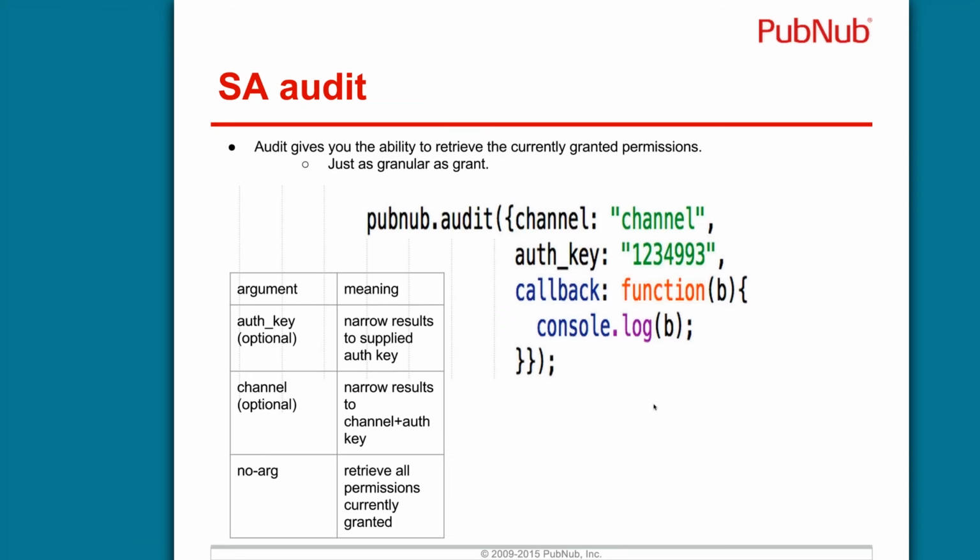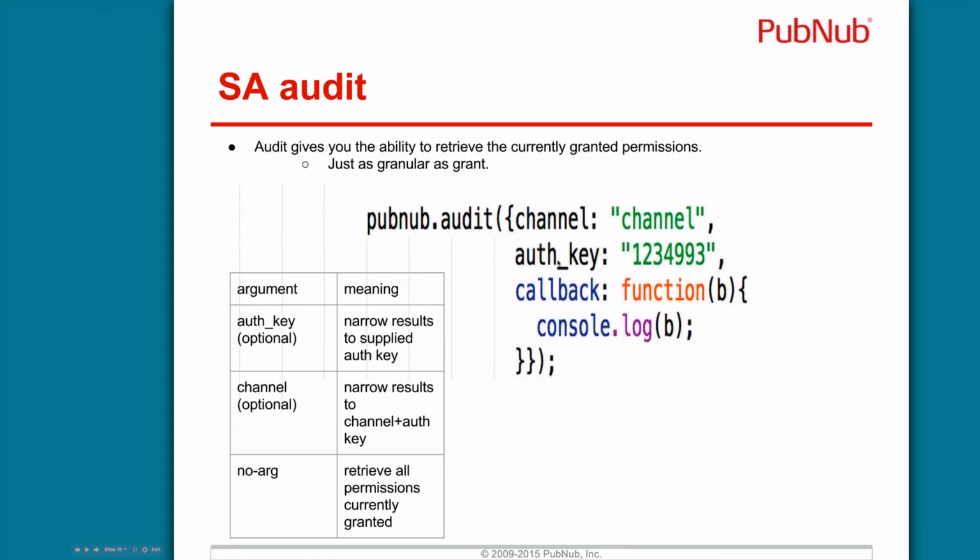All right, audit. So audit is a very simple function. It's just like grant, and there are three main functions in Access Manager: grant, audit, and revoke. Audit allows you to retrieve a list of permissions granted to the entity that you pass in, and it works much like your grant call.